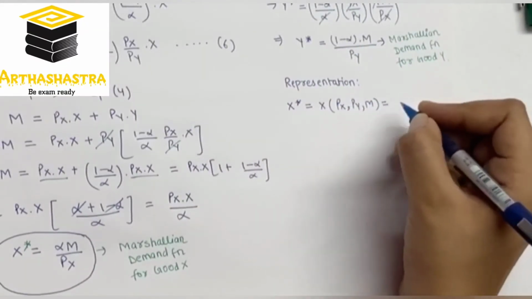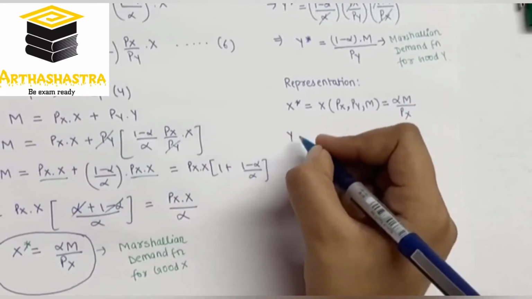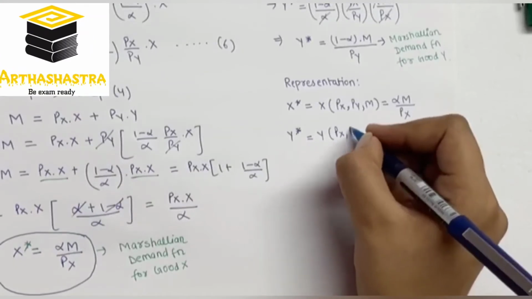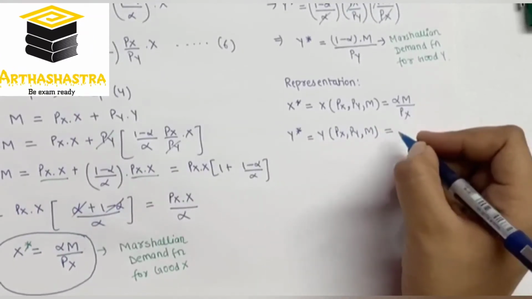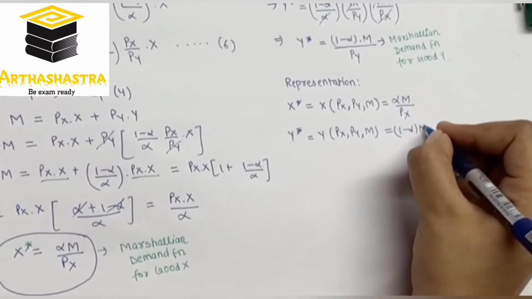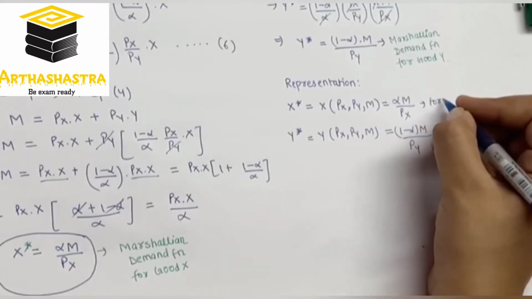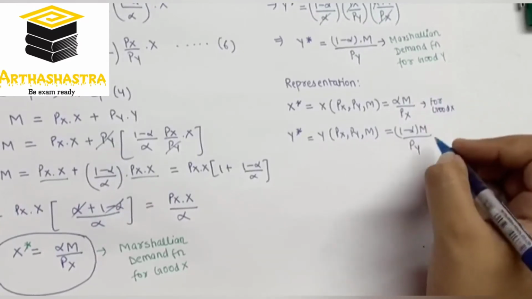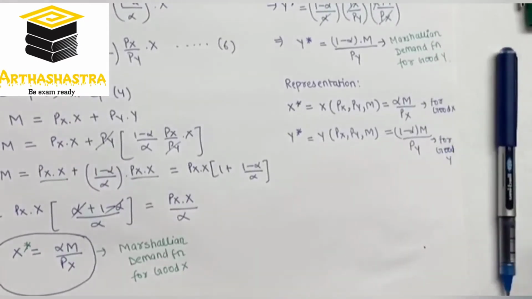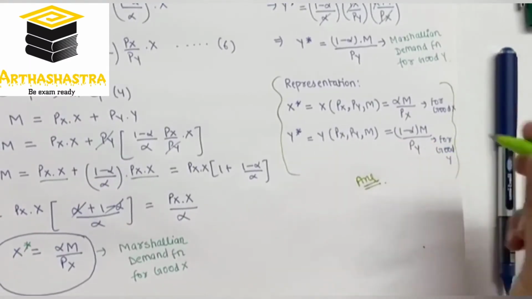So we get it as alpha m over px, and our Marshallian demand function y star is a function of the prices of the two goods and the income of the consumer, equal to 1 minus alpha times m over py. So this is for good x and this is for good y. And yes, this is our answer. So we have solved part 1.